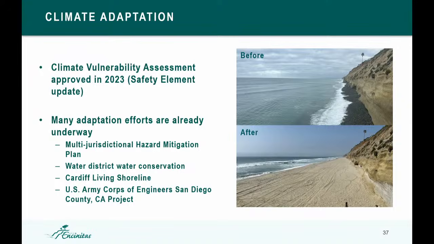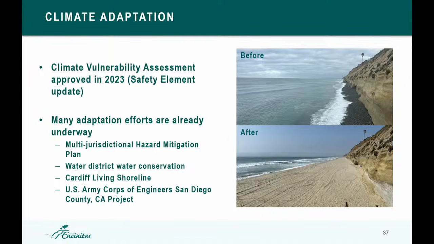That chapter not only covers the vulnerabilities, but also references the different strategies that the city could employ in the future to mitigate some of those vulnerabilities that may be realized. Examples of those include sea level rise, increased erratic storms, greater wildfire risk in the future, things like that.